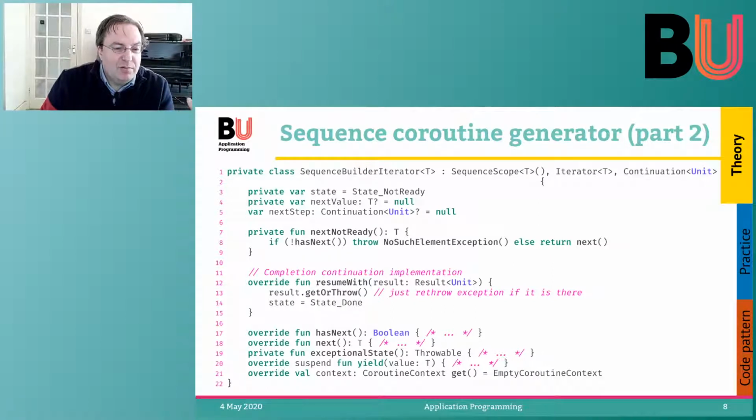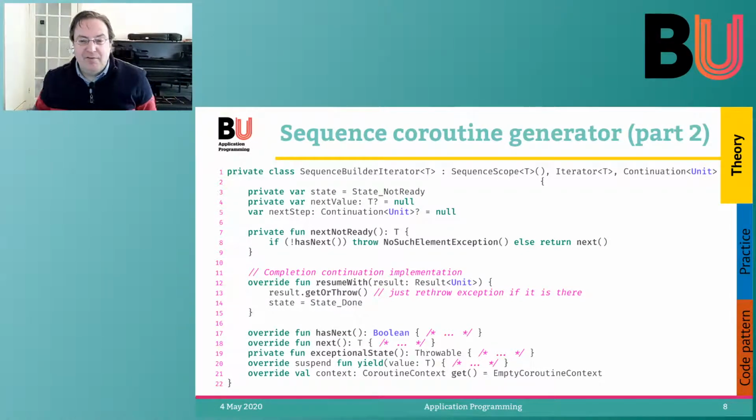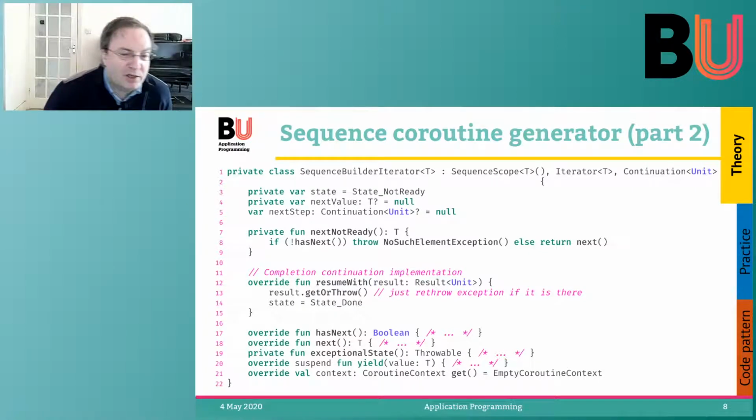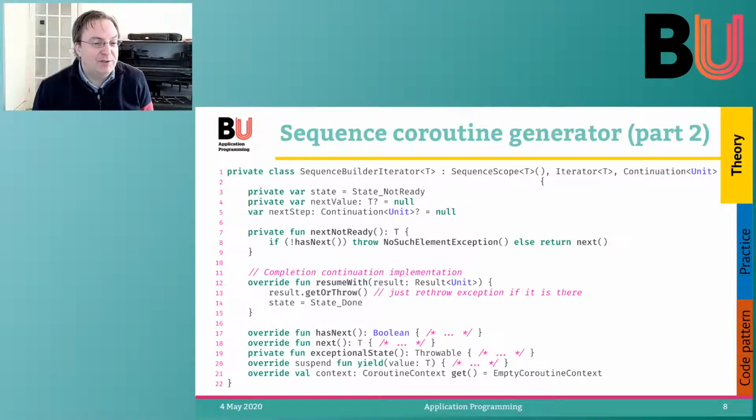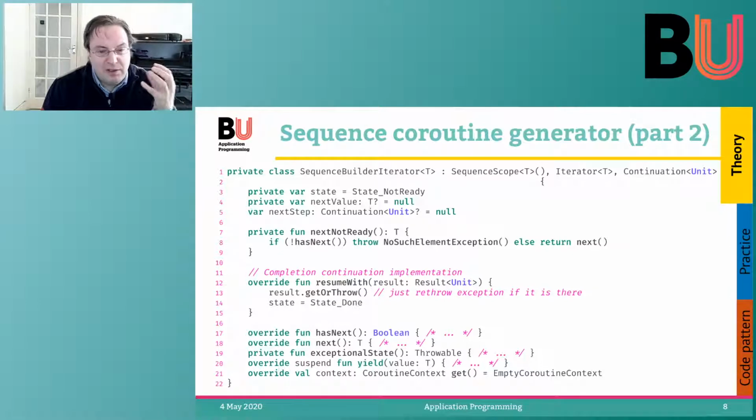Even though next step is public, nothing outside of the file in which the class was defined can actually see it, because they can't see the class. So this is actually safe, but it allows the sequence function or the iterator function to access this property. So we open up a little bit, but we don't open a massive amount by putting it in this one file. And we have a private function nextNotReady.